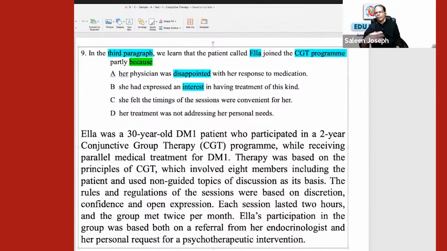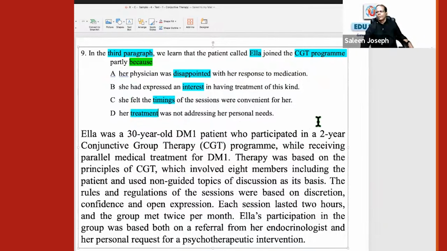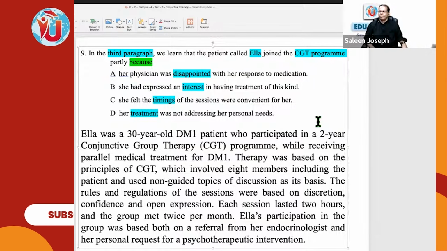Was she interested or disinterested? Option C, she felt the timings of the lessons were inconvenient for her. Because of the timing, she joined. Fourth one, her treatment was not addressing her personal needs. So she joined the CGT program.